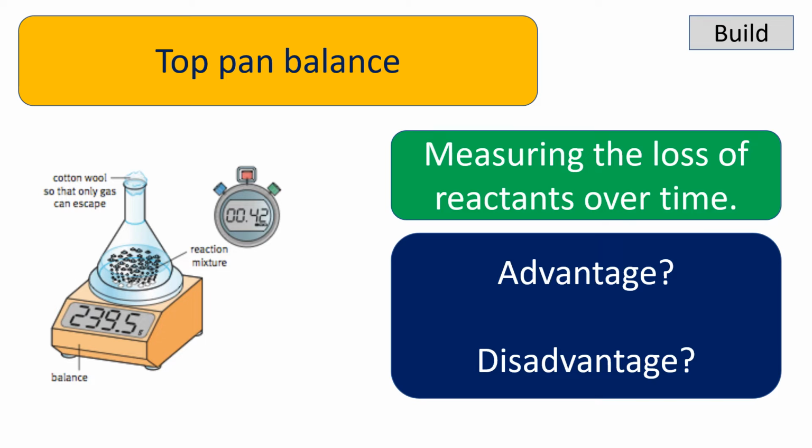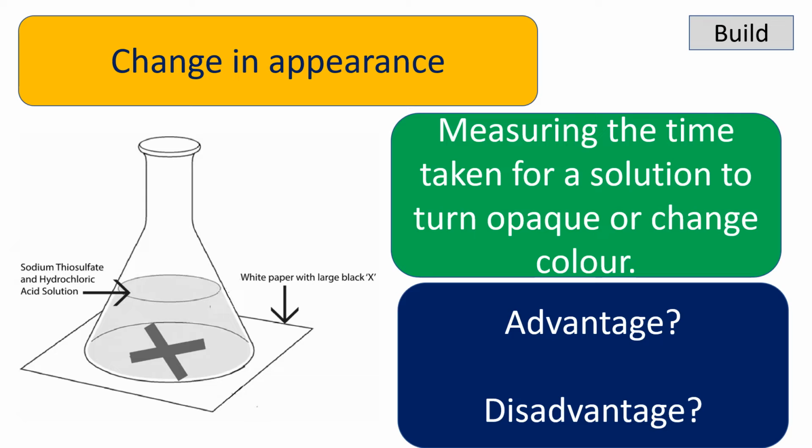So you could go an entire reaction and not see much change. So you really do need a very specific, precise top pan balance that measures to at least 2 decimal places, otherwise you're just not going to get the evidence. This is the one that you do in the PAG, in the practical that you're assumed to have done.